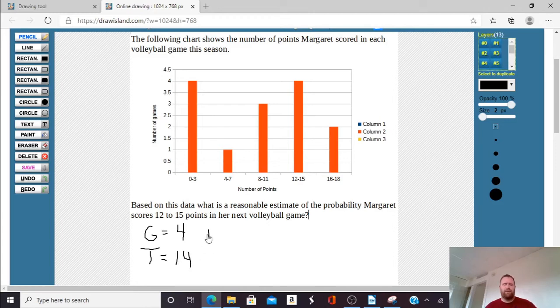So our probability of 12 to 15 points is going to be 4 over 14, which is going to equal 2 over 7.